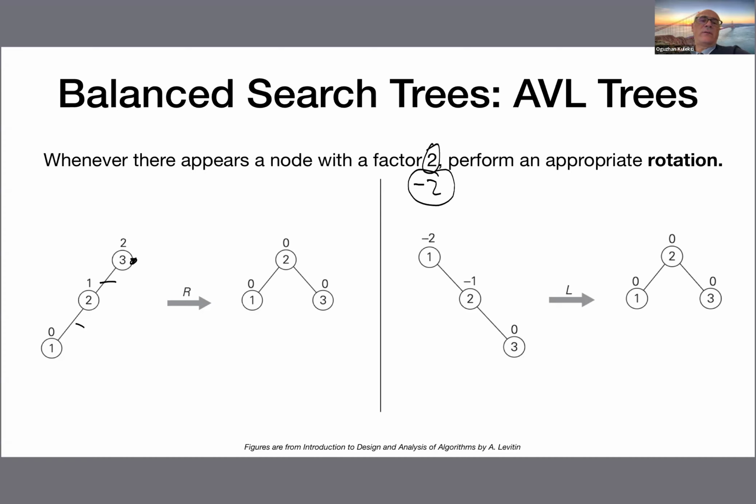However, when you insert a new node here, what will happen? There will be a change in the balance factor of this root node, right? It will now be equal to 2. So once it is 2, I need to perform that single rotation.